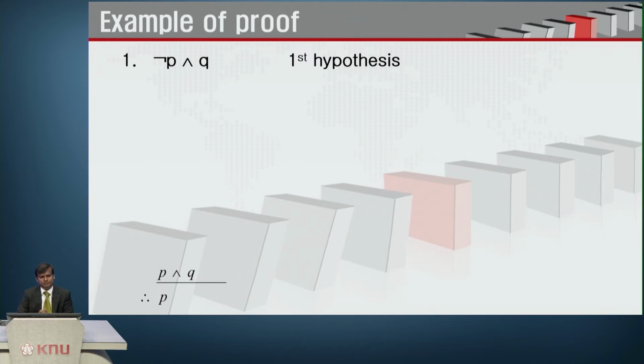Here it is. So we have this form P and Q. If P and Q is true, we can conclude that P is always going to be true. So that's the kind of specialization that we talked about. P has to be true in that case.